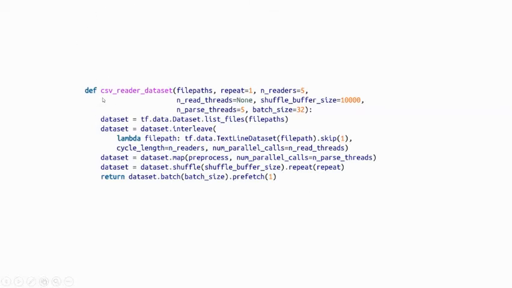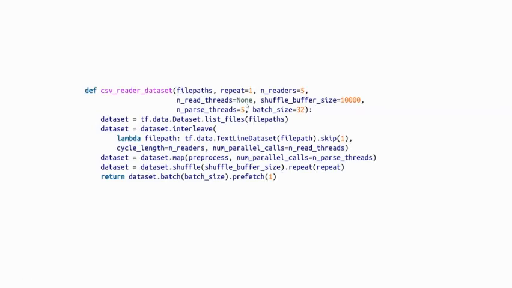We are giving the method name as csv_reader_dataset. This takes a few default arguments along with some values: the file paths, and we are considering repeat here equal to 1, and the number of readers, that is 5 files at a time from each of the CSVs. The number of read threads is equal to None here.